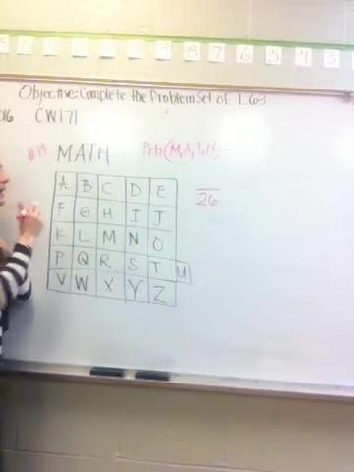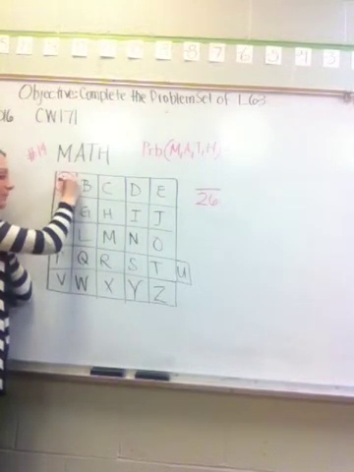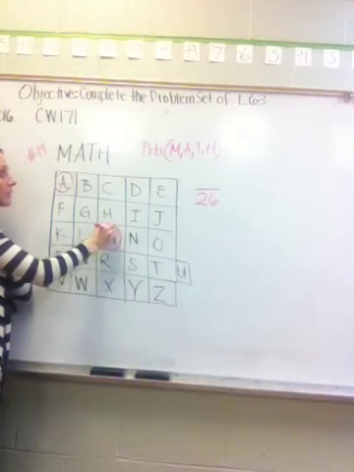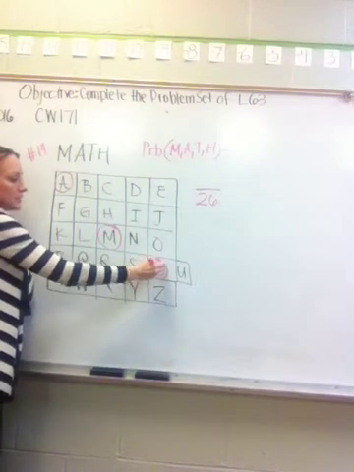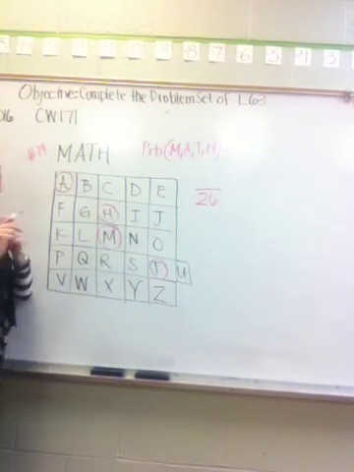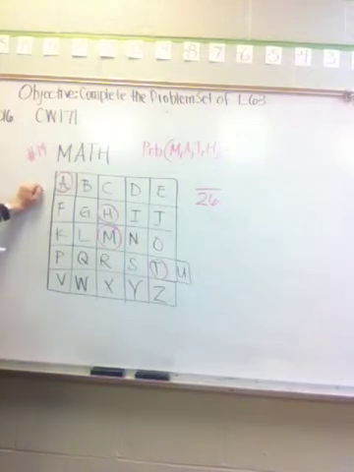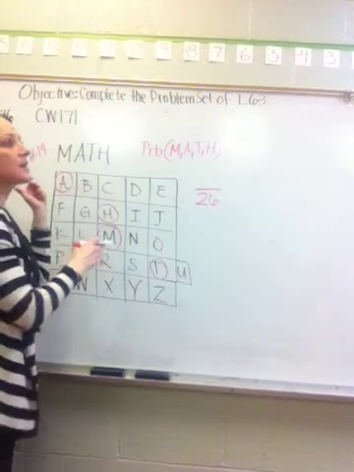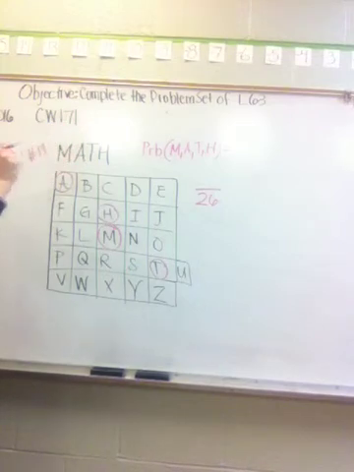So, I have A, I have M, I have T, and I have H. What's my probability that I've got this deck of cards and I'm going to get one of these 4 letters? Joe? One of them?